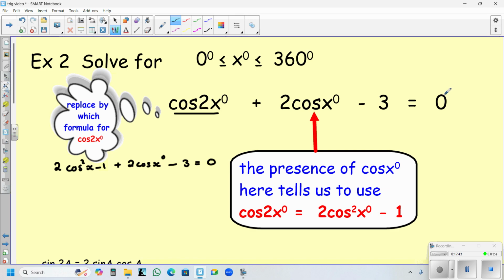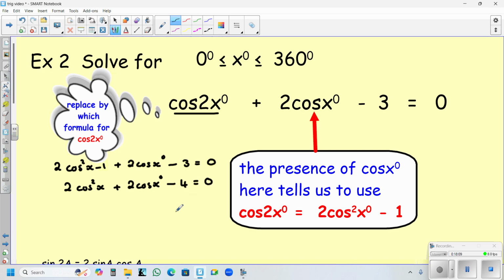So if there's another number over there, then deal with it so that becomes 0, either add or take away it. Right, we need to tidy this up because we've got a minus 1 and we've got a minus 3. So the 2 cos squared x's can't really do anything with that. The minus 1 and the minus 3 will make minus 4, but I've also got a plus 2 cos x degrees in there. Minus 1 and minus 3 makes minus 4 equal to 0.